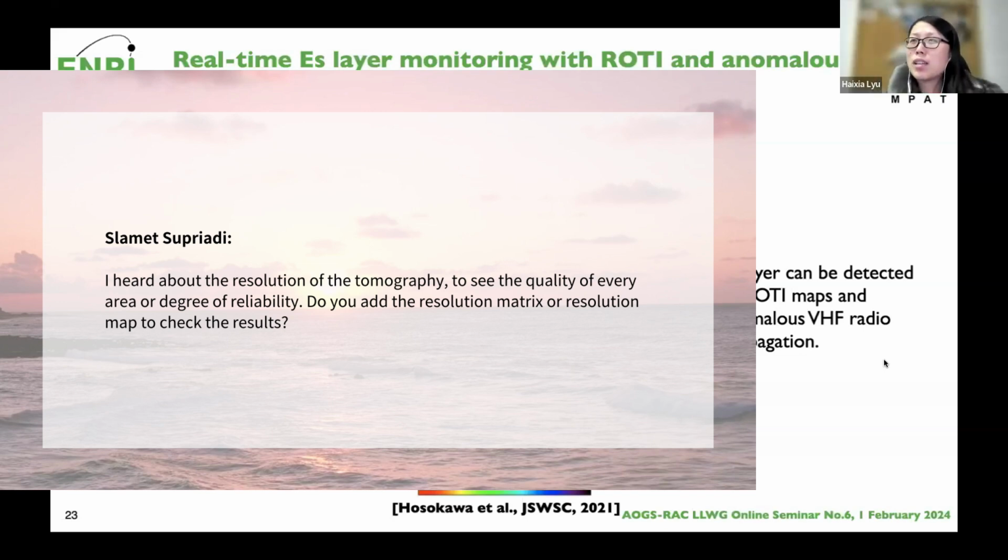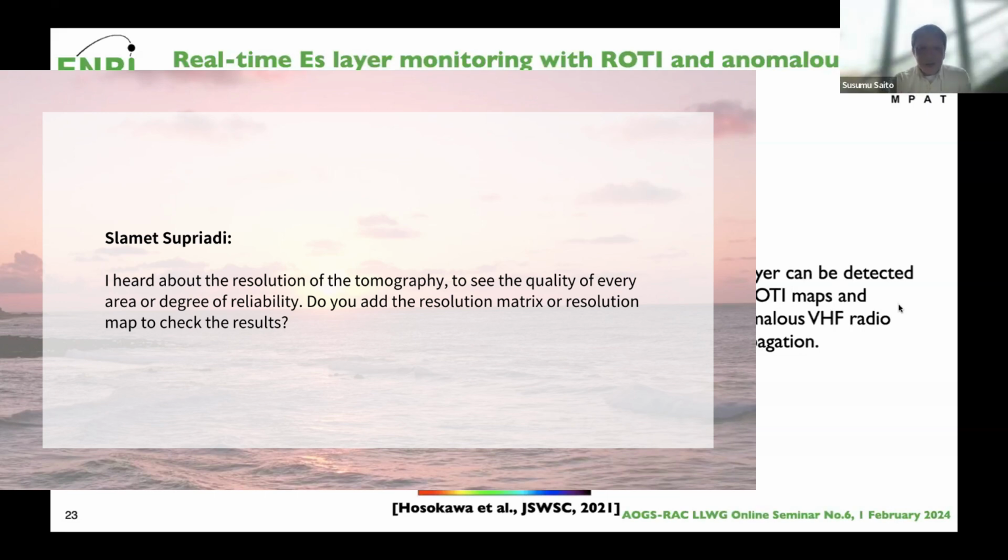I don't quite understand this question. What is a resolution matrix? Do you add the resolution matrix or resolution map to check?